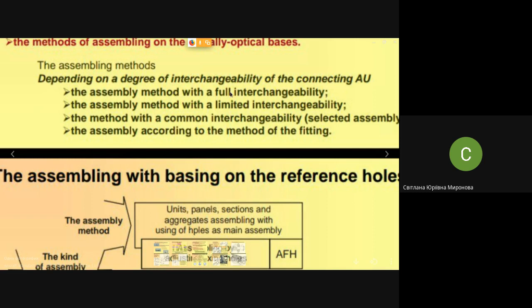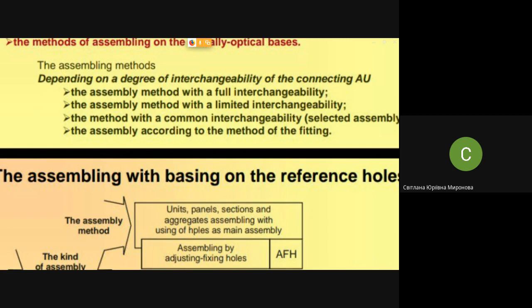What does it mean, something interchangeable? Some assembly unit is interchangeable if it may be used instead of a similar assembly unit, or the same assembly unit, with preserving the quality and without any additional adjusting.